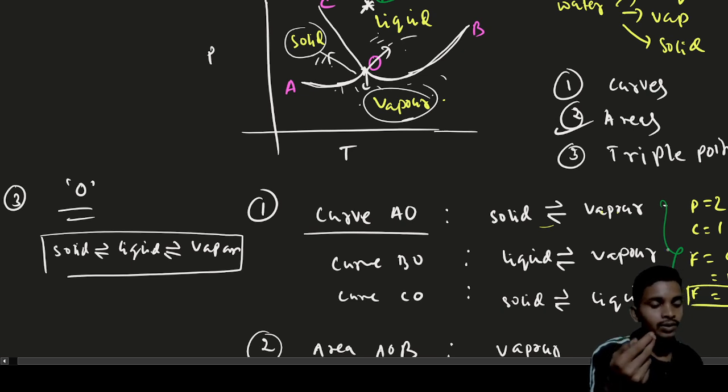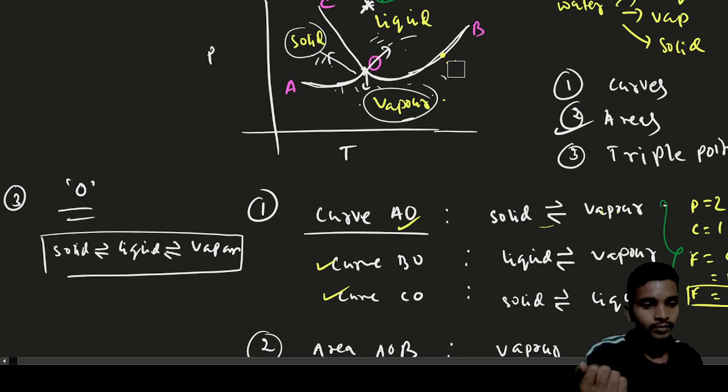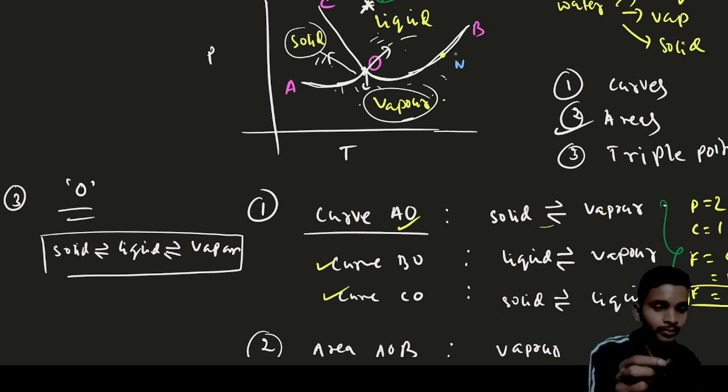So F is 1. If F equals 1, what does it mean? For explaining any point present on the curve AO, or on curve BO, or curve CO, only one variable is needed. Let's say a point N is on curve BO.